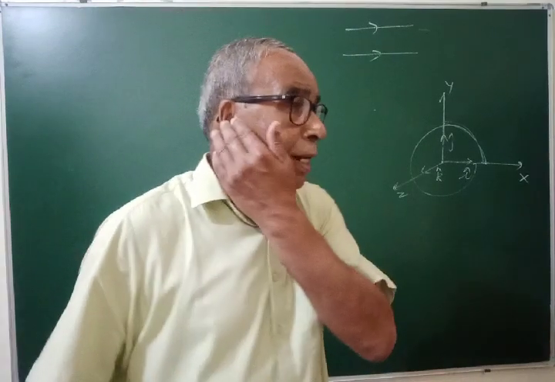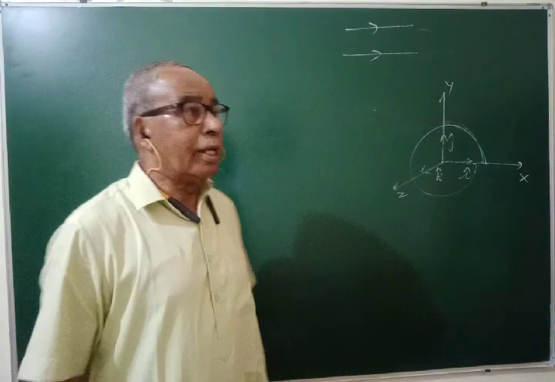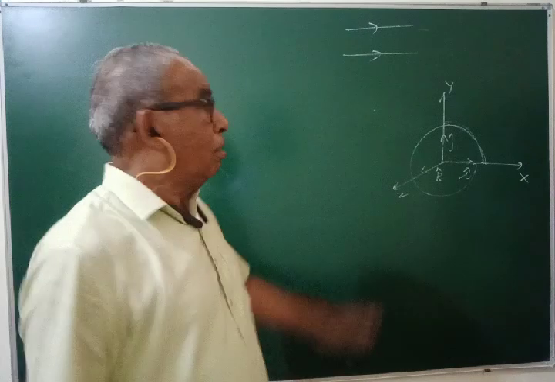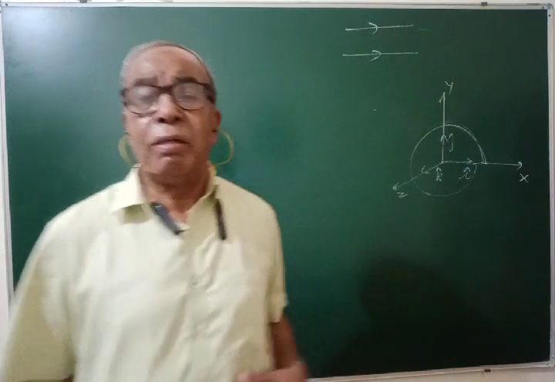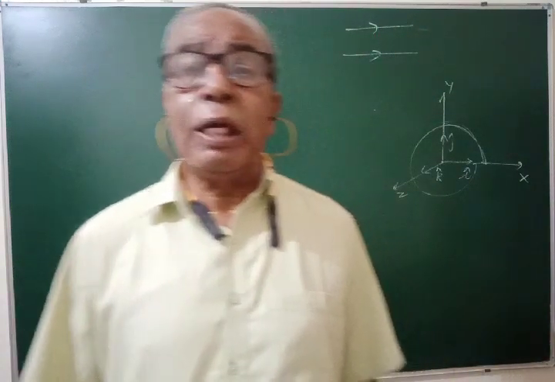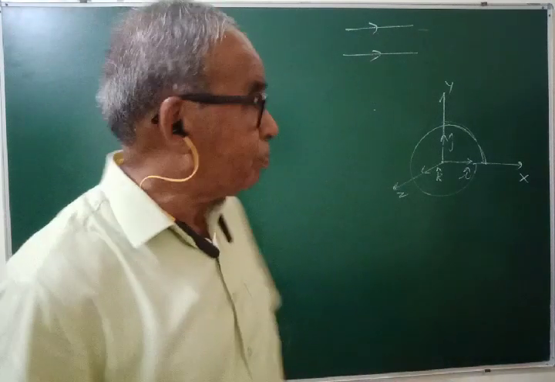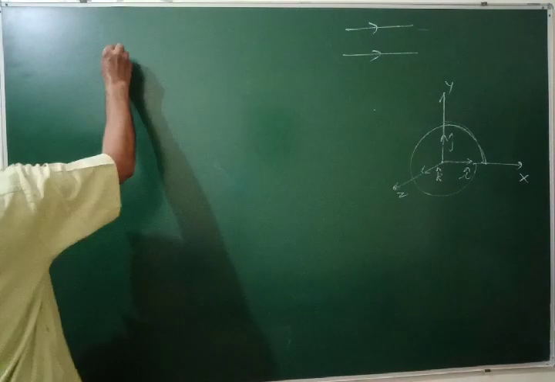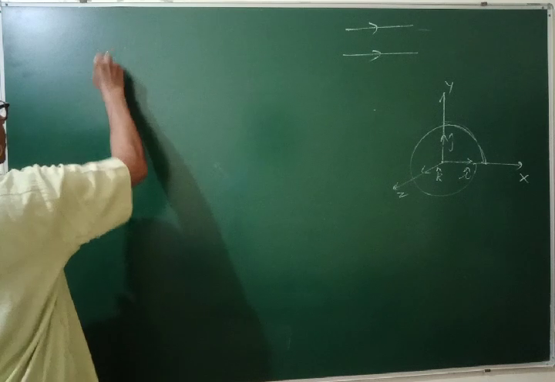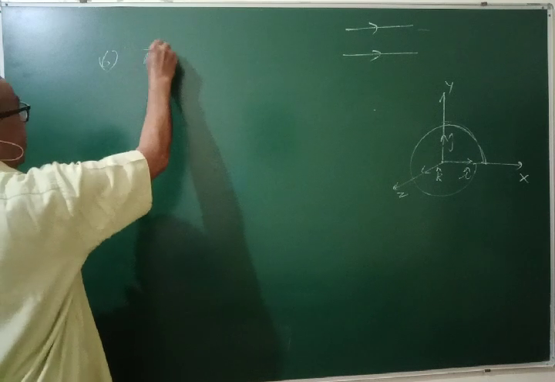The angle between two lines or two vectors is the angle between their directions. And if parallel lines are there, they have the same direction, and hence the angle between two parallel vectors is zero.